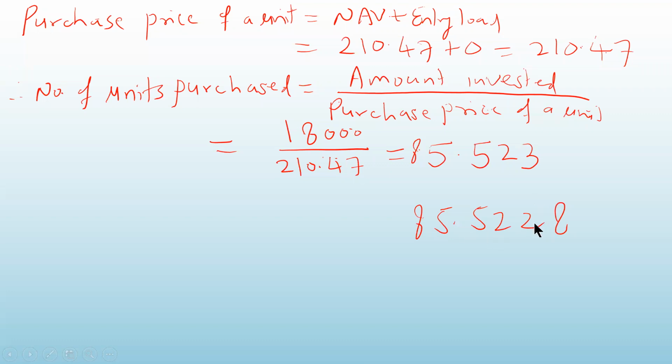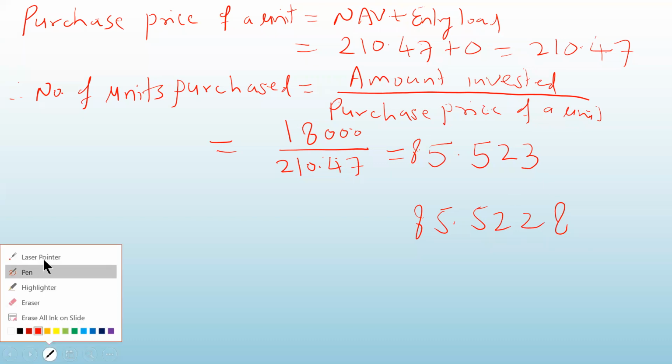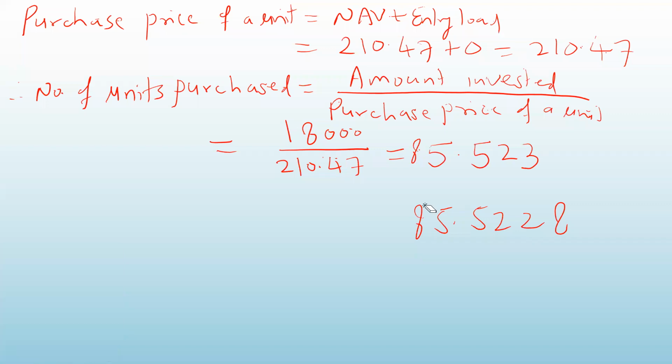So I have to take up to here. What will I do? Look at the fourth digit. It is 8 here. If it is 5 or more than 5, we will increase this digit by 1. So this 2 becomes 3. So 85.523. This is called rounding off in mathematics. So we got the number of units as 85.523.